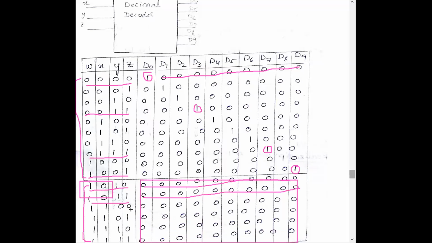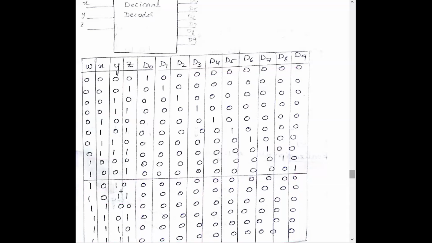Since this is an invalid BCD combination, here we are going to design a BCD to decimal converter circuit. To realize this circuit, we take the functional table. Now we have to write the output equations for D0, D1, D2, D3, D4, D5, D6, D7, D8, D9.